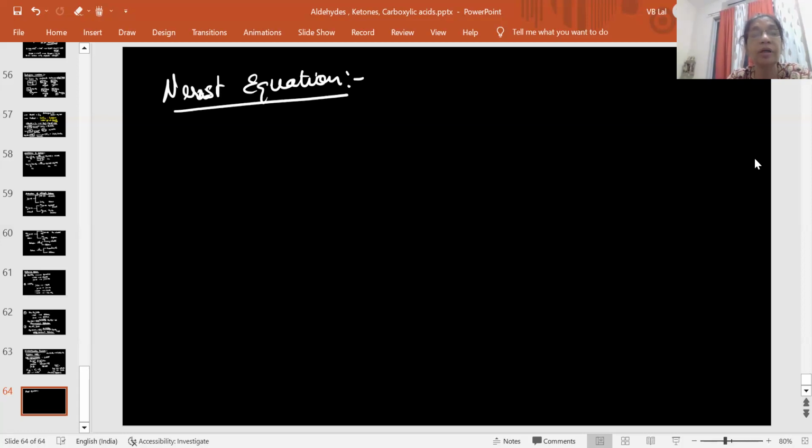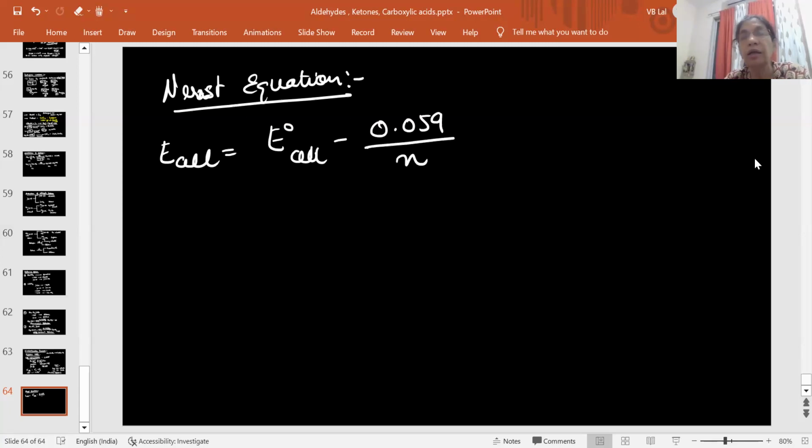You have to remember, it is E cell is equal to E0 cell minus 0.059 by N log of product raised to A divided by reactant raised to B. In a balanced equation, the stoichiometric coefficients are A and B. P is the concentration of the product and R is the concentration of the reactant.